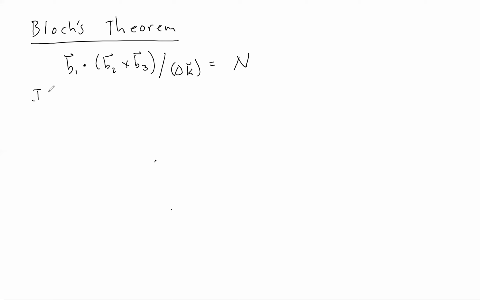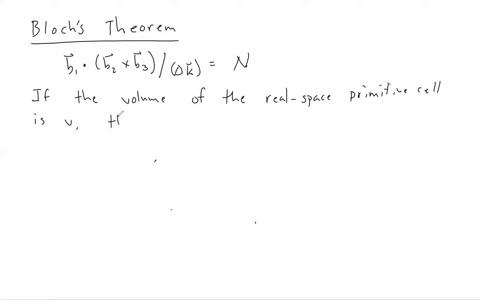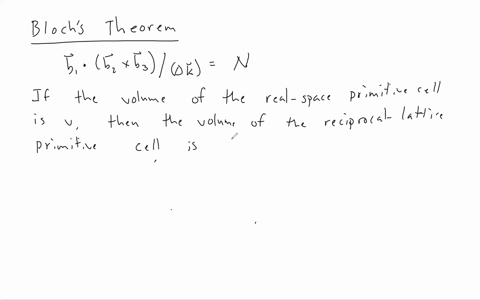If the volume of the real space primitive cell is little v, then the volume of the reciprocal lattice primitive cell is (2 pi)^3 over little v, or of course, little v is equal to big V over N. We can make the following statements.